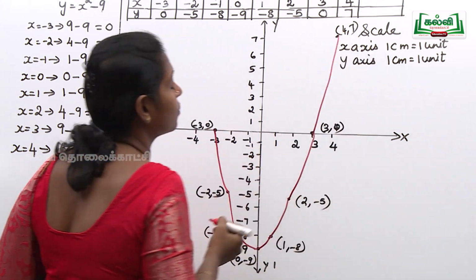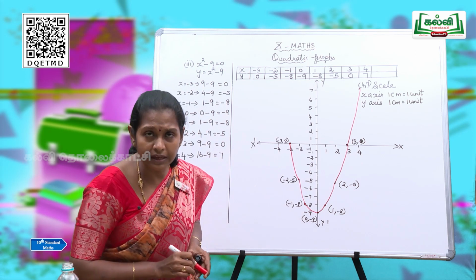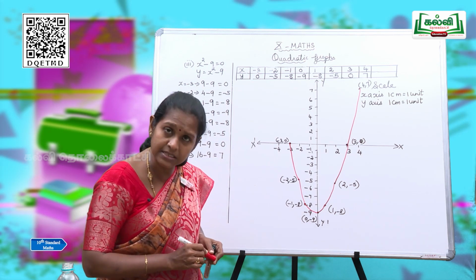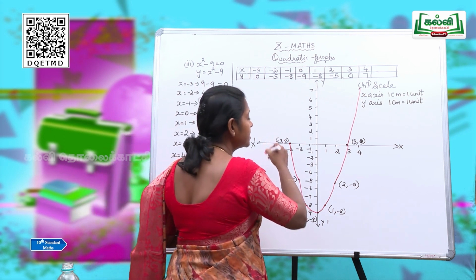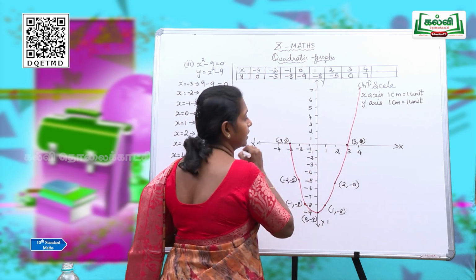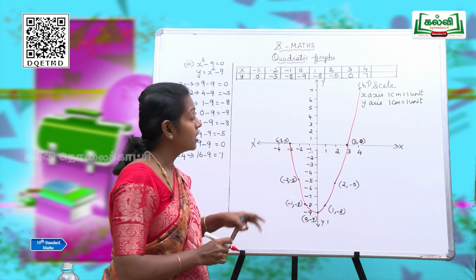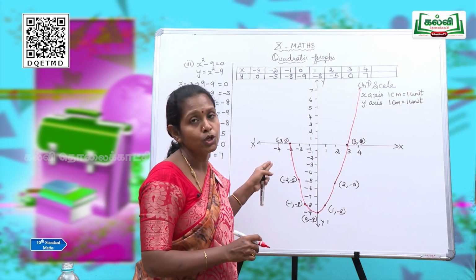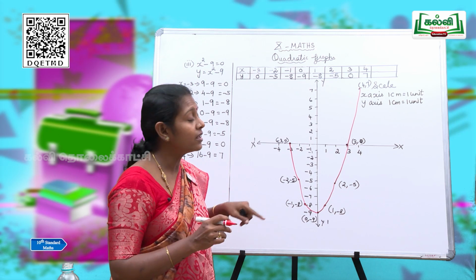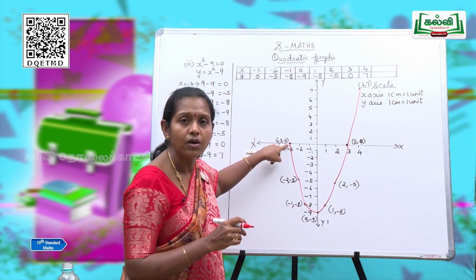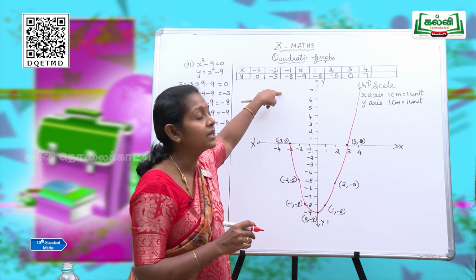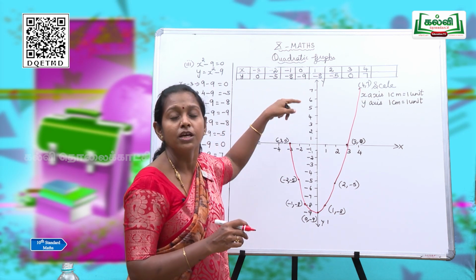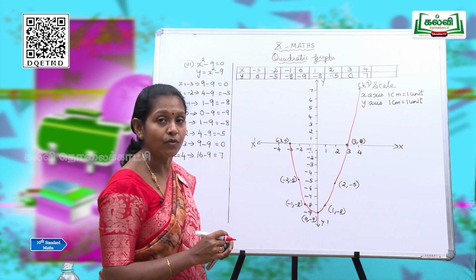Is it looking like a parabolic curve? Yes, it is looking like a parabolic curve. If this parabolic curve touches the x-axis, yes. On which points? How many points? 2 points. If you have any doubt why this parabolic curve stopped here, why it is not going upwards, you can add one more point.